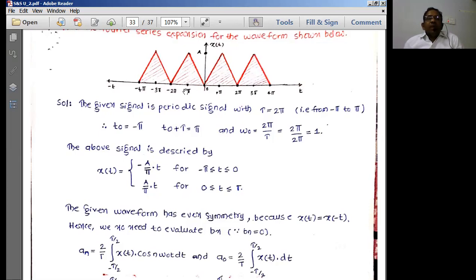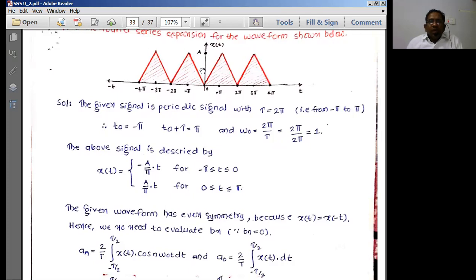So I can write the mathematical equation for the signal representation of this waveform as follows. From minus pi to 0, there is a decreasing ramp, which means the slope should be negative here. Something like d of x of t by dt into t, so it is going to be in the form of alpha t. So what is alpha now? This is 0 anyway.